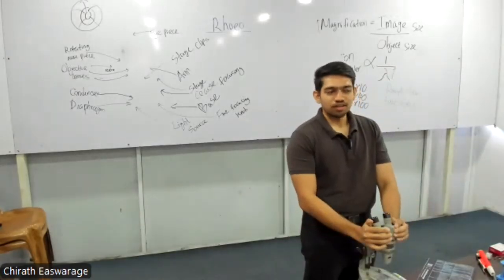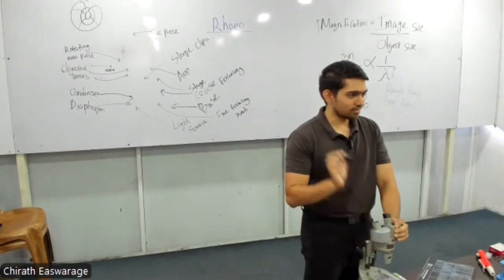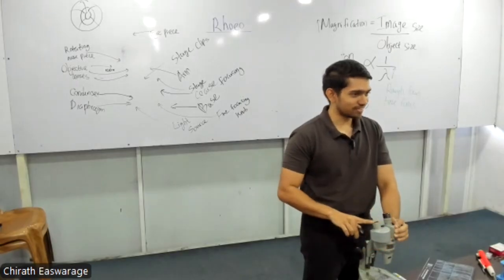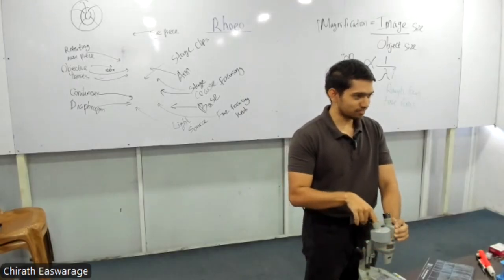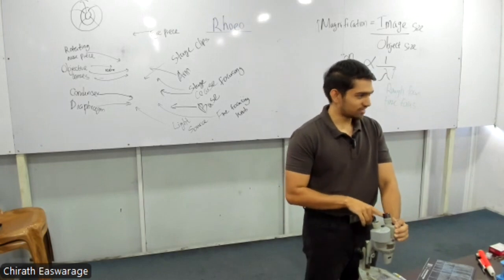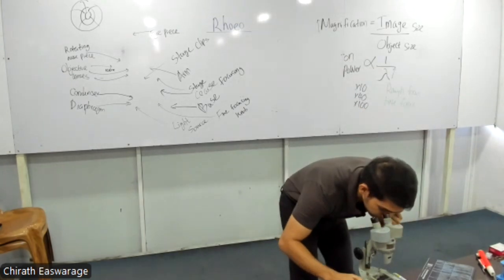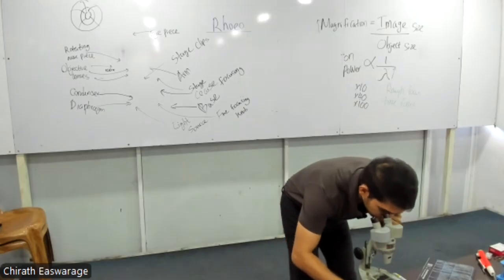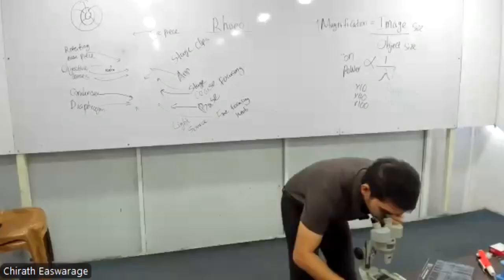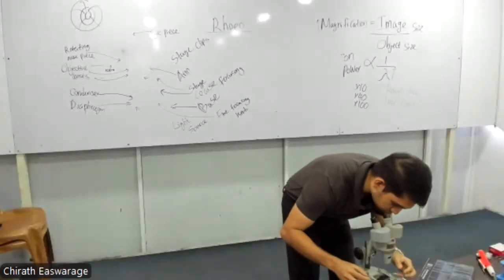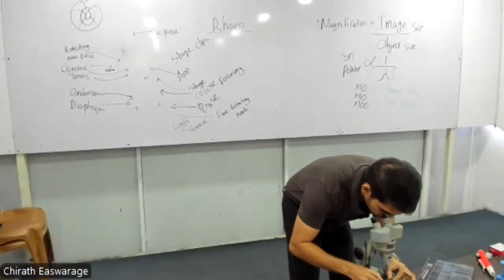The right eyepiece doesn't work. There's a prism inside that is broken. Only the left one is usable. So using one eye, I'll adjust the light source for you. Can't see the specimen.